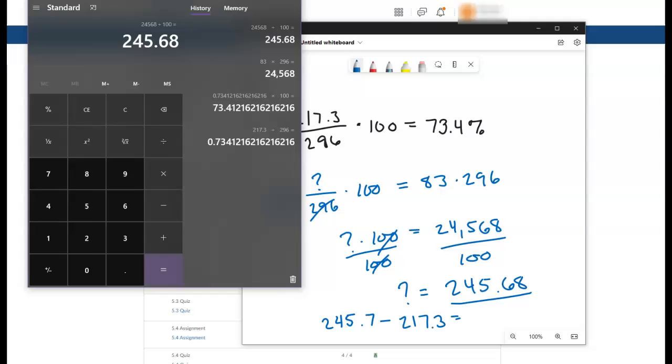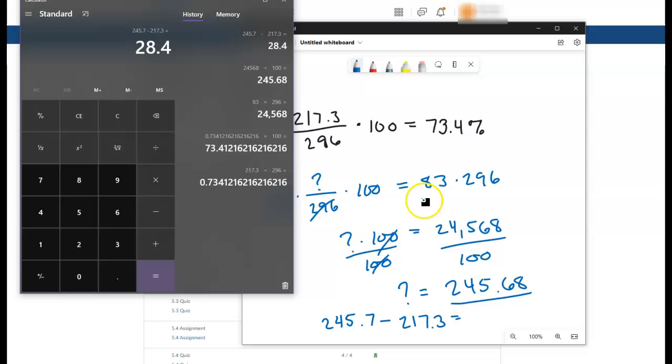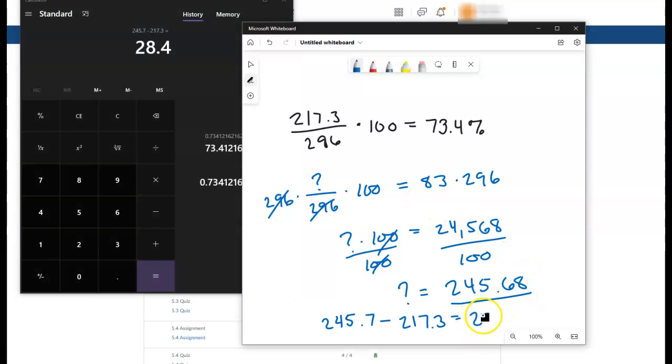Bring in my calculator one more time. So 245.7 minus 217.3. I need 28.4 more points to bring my grade up to a B.